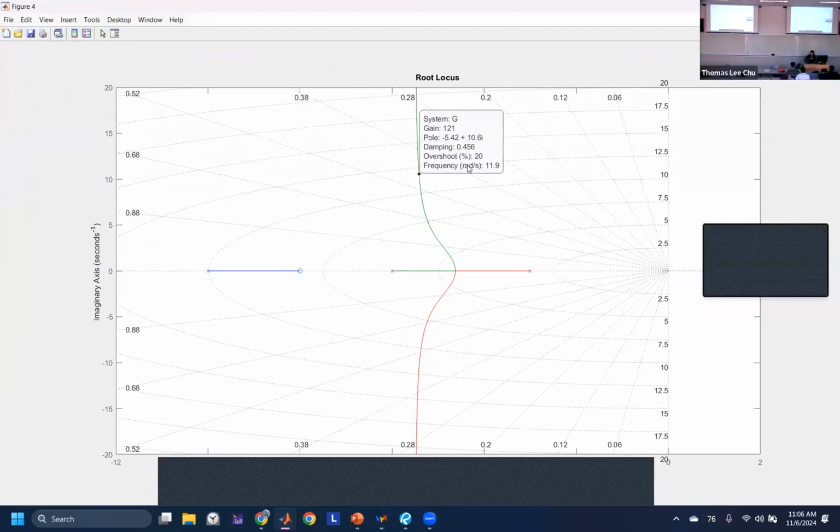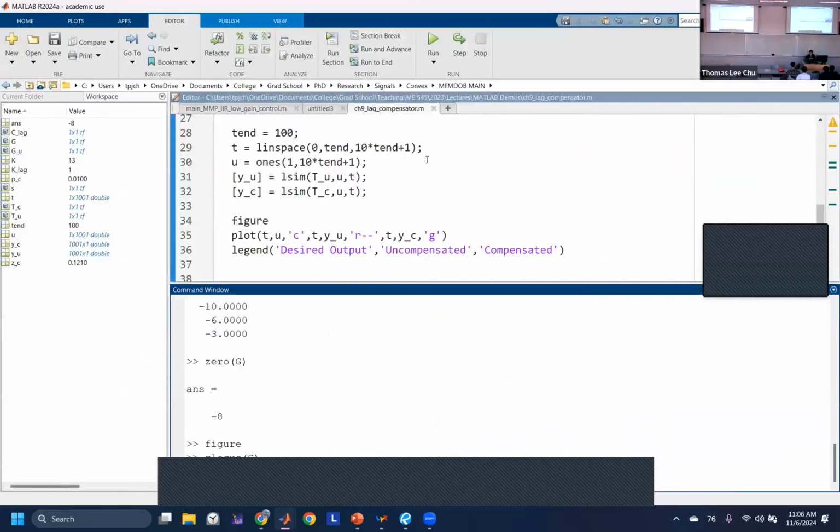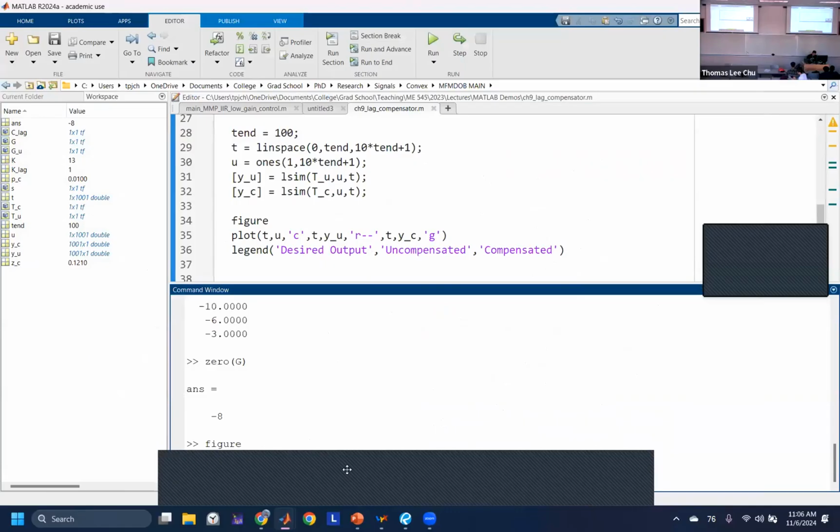I see that my gain is 121 with a pole location of minus 5.42 plus 10.6 i. You can see that percent overshoot is 20. So we're good. Note here that our dominant poles are the complex conjugate poles. They're the closest set of poles to the origin compared to the third pole, which is around -8. So that's going to be our uncompensated system. So now let me go back to my tablet.